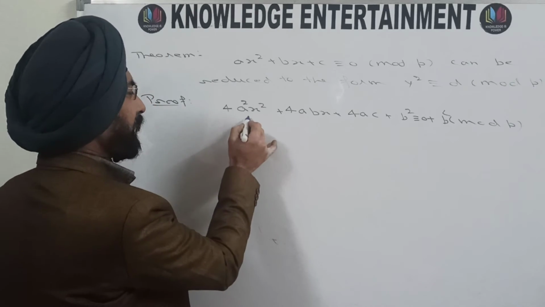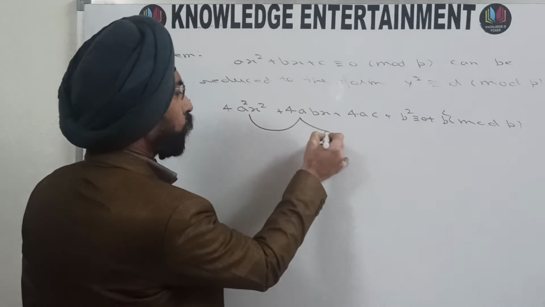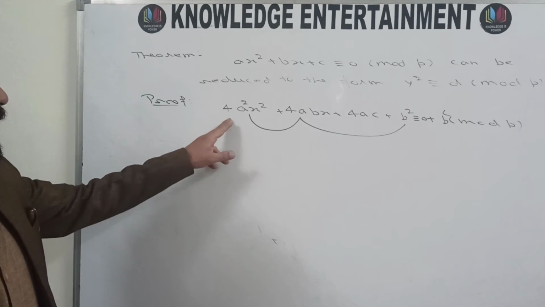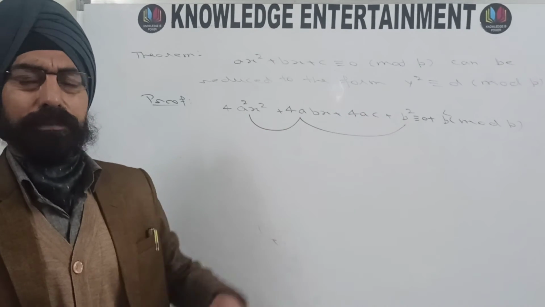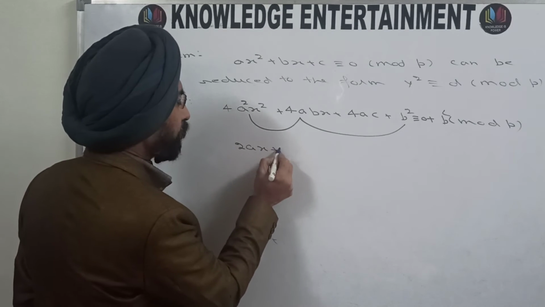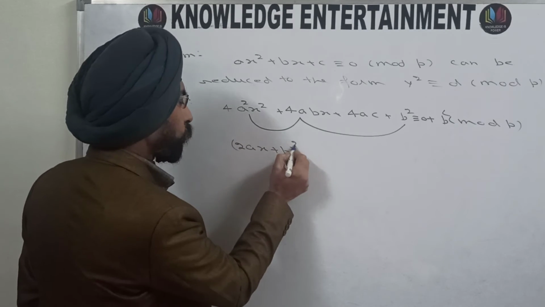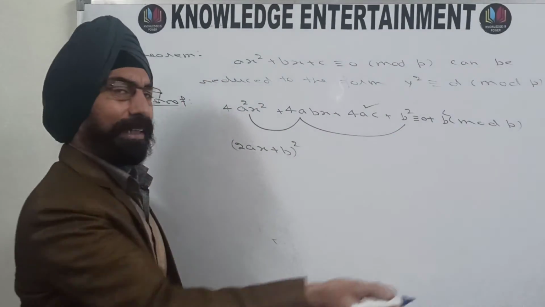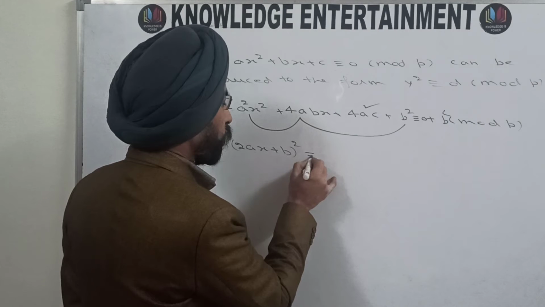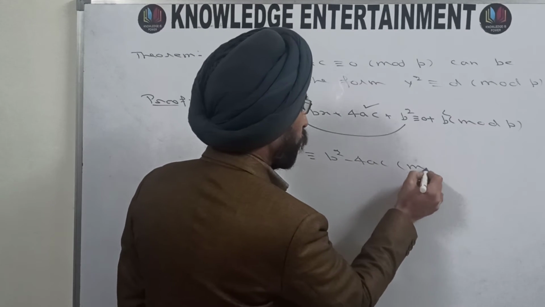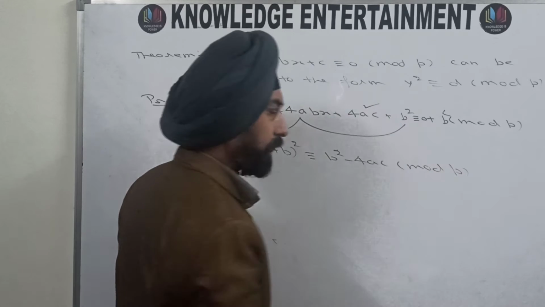Now look at these three terms: 4a square x square plus 4abx plus b square. It is nothing but 2ax plus b whole square. And take this term to the right hand side, and you will get is congruent to b square minus 4ac modulo p.